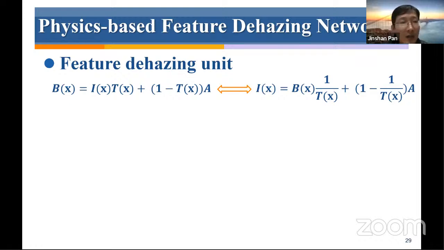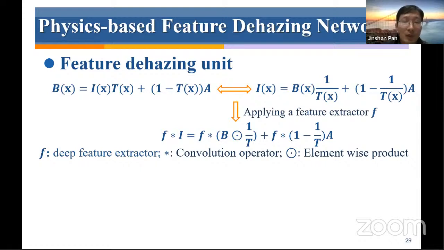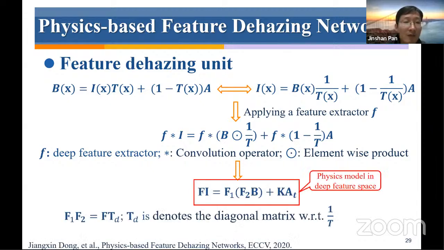If we apply a deep feature extractor F to this equation, we can get this model in the deep feature space. And here F denotes the deep feature extractor. And with some further mathematical derivations, we can finally get this model.